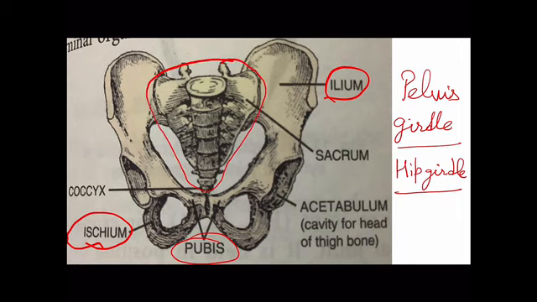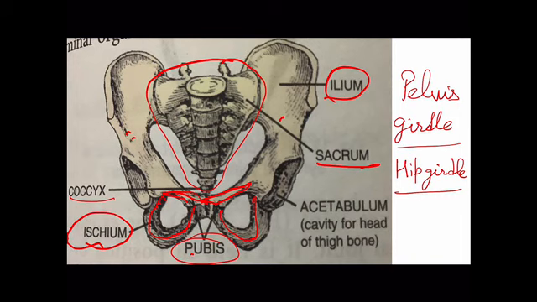That is a part of your vertebral column. Sacrum and coccyx are part of the vertebral column which covers the pelvis from the backside, and the side portions are made up of ilium, and then the ischium is on the round side, the downward side, and the pubis is attached. Okay, these are the ischium and these are the pubis. So like this it makes one structure, and that is called the pelvic girdle.